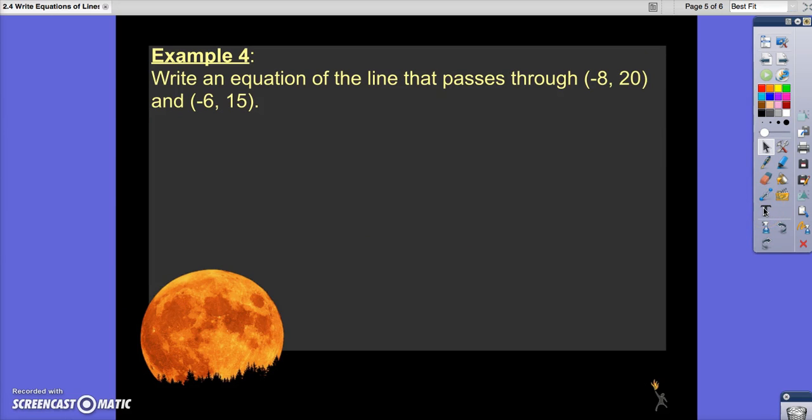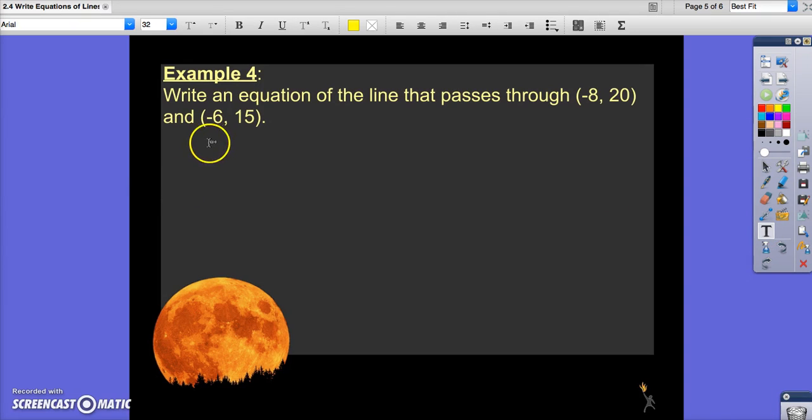All right, so for this example, we have the third type where you have to find slope first. So use your slope formula. And check your work.